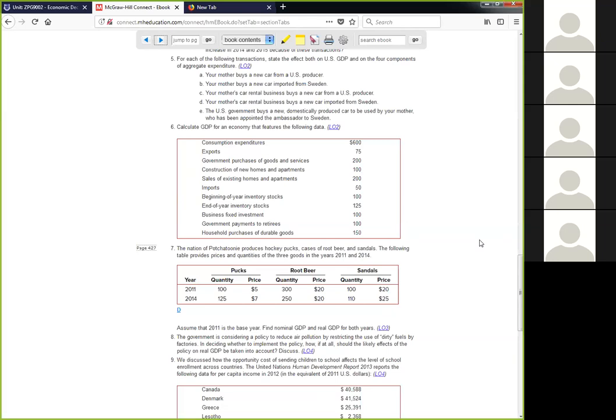Right? Who can help me? Will it add to the GDP or will it lead to the GDP being less? Who can help me here? Will it increase the GDP or will it decrease the GDP?